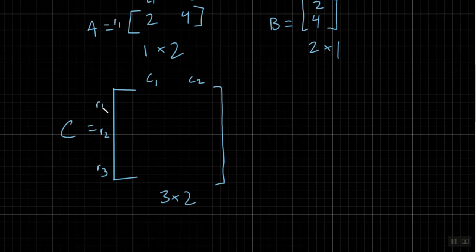When we're talking about row 1 and column 1, this is A sub 1,1. The row is 1, the column is 1. Am I talking about the next element? I would say A sub 2,1. What would this one be? That would be A sub 1,2. What column am I in, 1 or 2? 1.